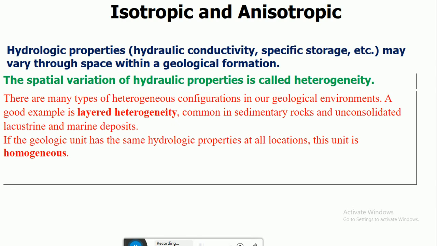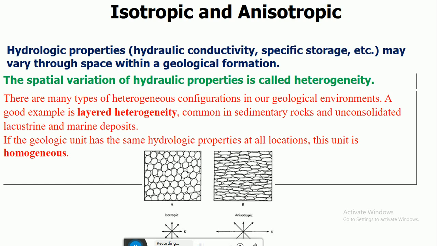A good example is layered heterogeneity, common in sedimentary rocks and unconsolidated lacustrine and marine deposits. If the geologic unit has the same hydrologic properties at all locations, this unit is homogeneous. Now that is isotropic, the homogeneous, and anisotropic, the inhomogeneous, in which the property changes in different directions, whereas in isotropic the property does not change in any direction.